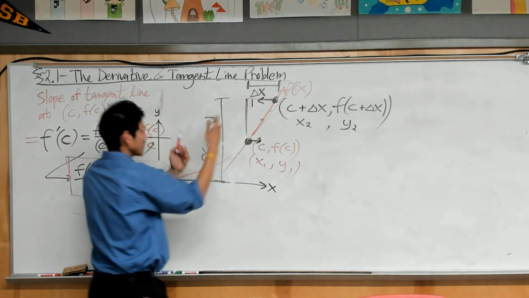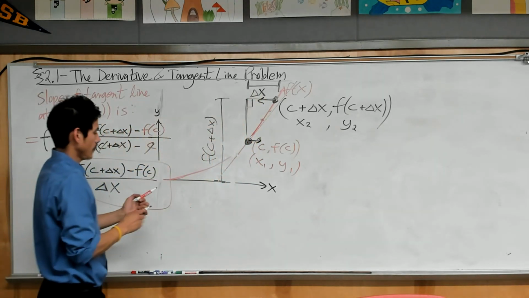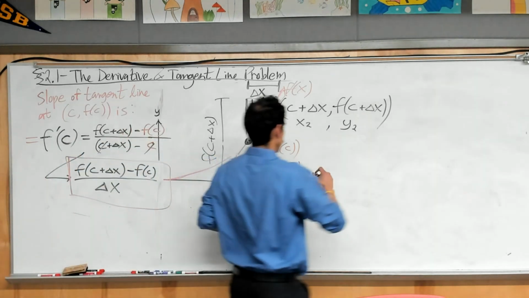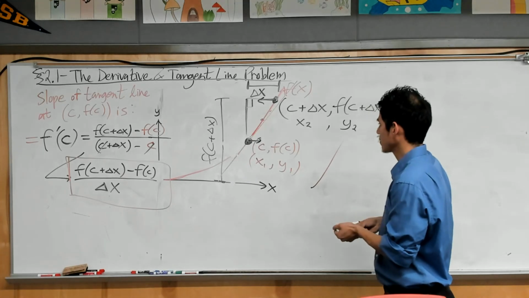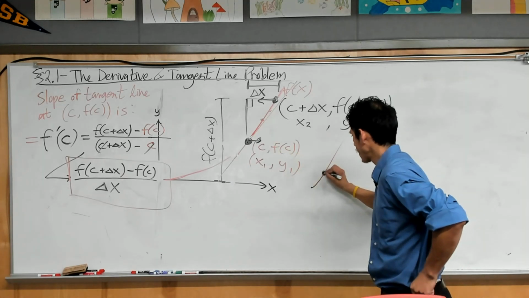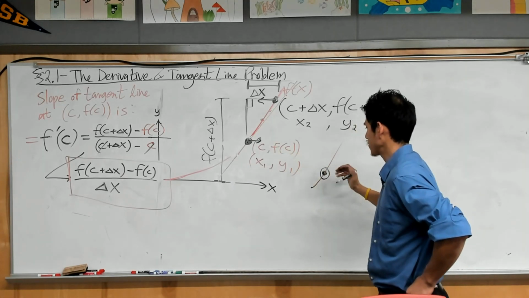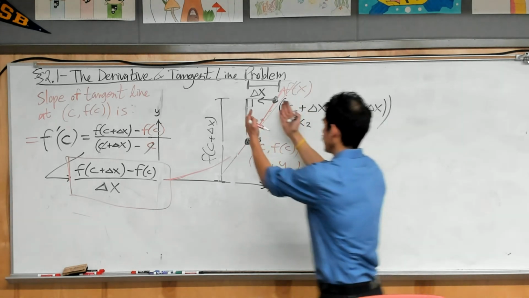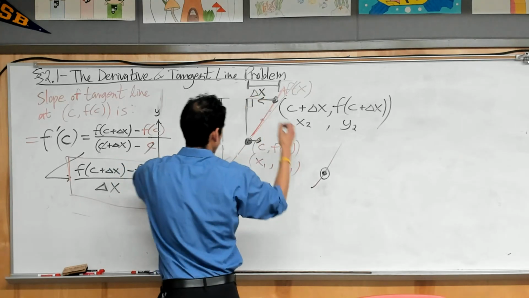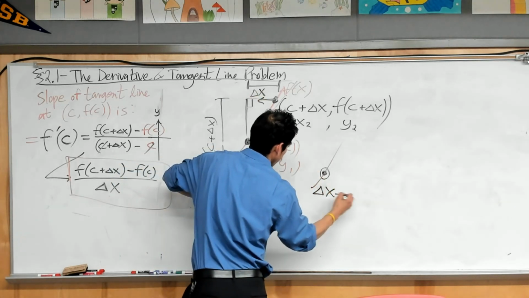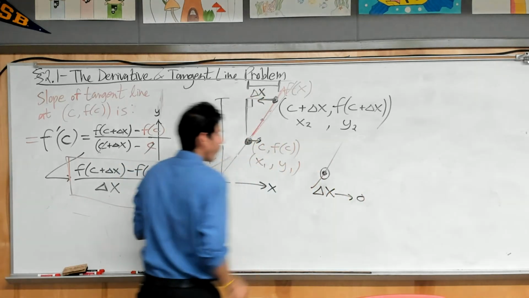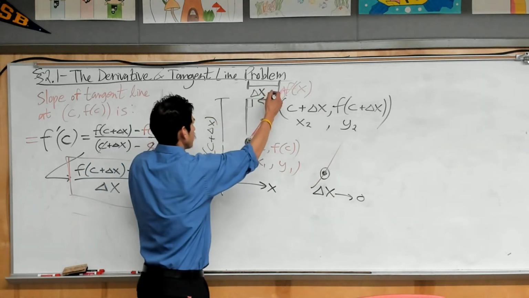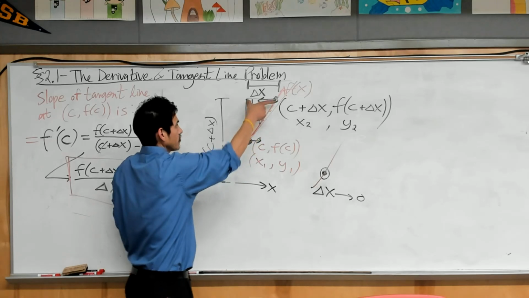So these points are essentially the same. Let me do another little side picture here. They get so close that one is on top of the other, so they're the same. So the difference, delta x, goes to 0. When delta x goes to 0, they're on top of each other because there's no difference.